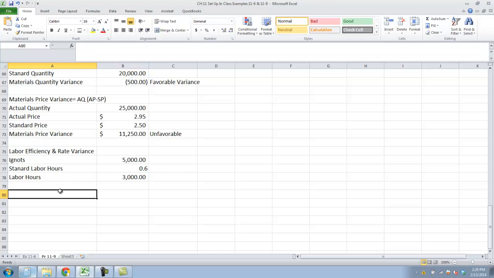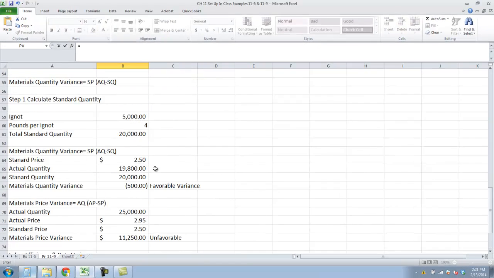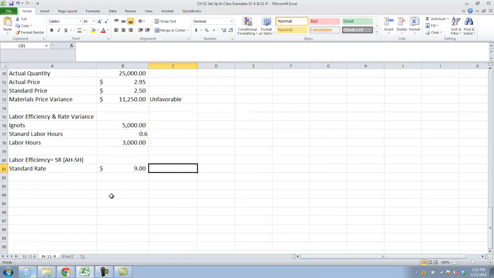So to calculate our labor efficiency variance, it equals standard rate times actual hours minus standard hours. Okay, so our standard rate was given in the problem at $9 an hour.